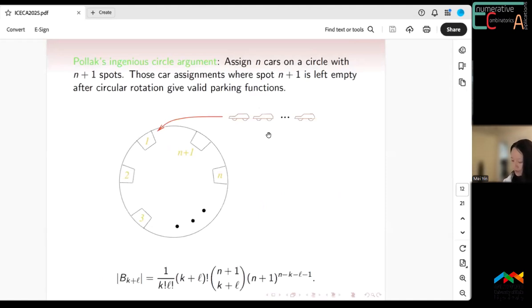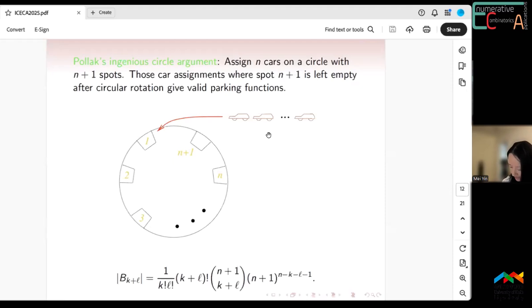It's a very ingenious argument. Because we see a product here, we could just assign n cars on a circle, and every car has n+1 preference spots. Then we do a rotation, and only one out of n+1 rotations gives us a valid parking function.